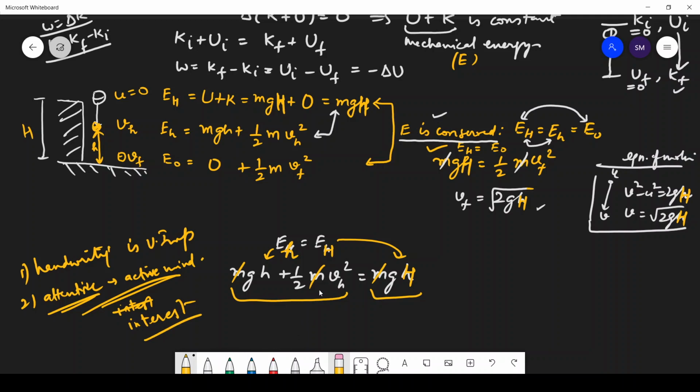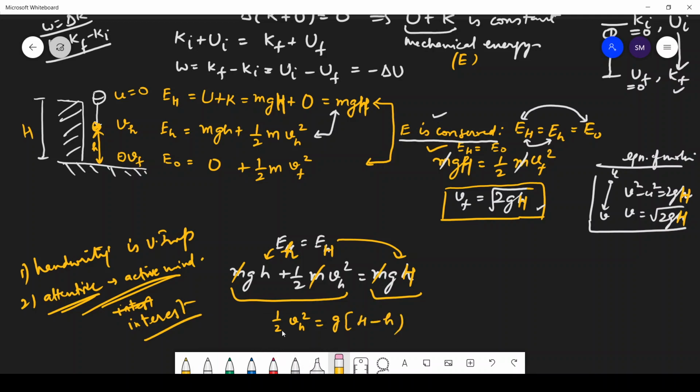Okay, students. So now what do I get? I'm interested in finding this velocity. So this was the velocity at this point. Now what is the velocity here, vh? So half vh square is equal to, this gH will go this side, so g will be common and H minus h.